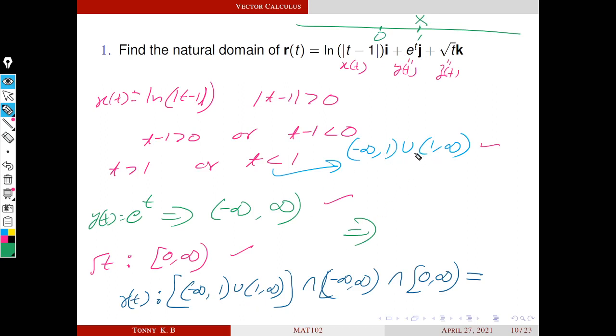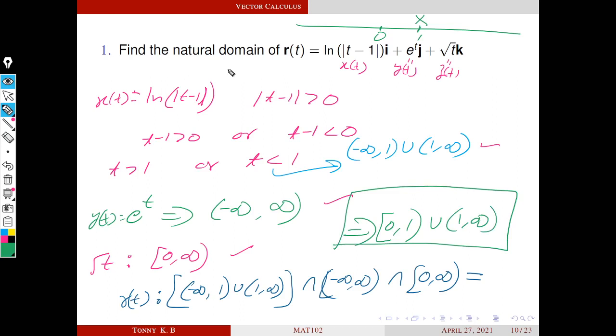Okay, so what about the intersection? Its intersection is 0 to 1 except 1, and 1 to infinity. You got it? So the intersection is 0 to 1 union 1 to infinity. So this is the natural domain of this function.